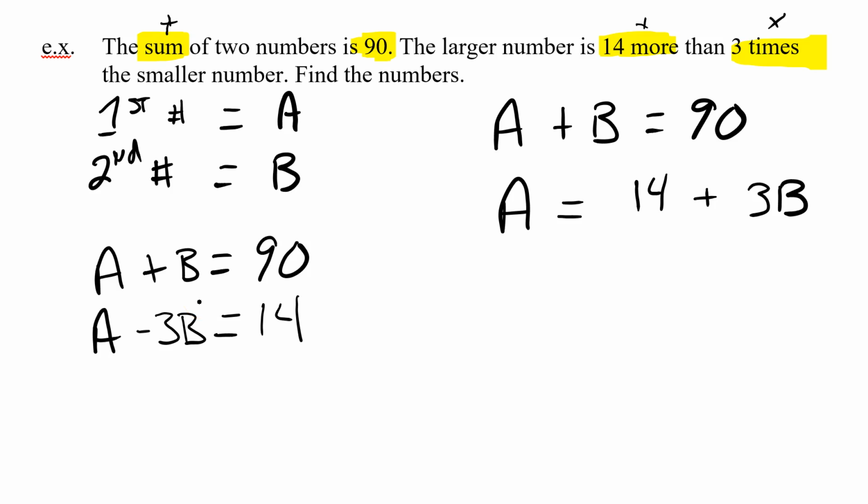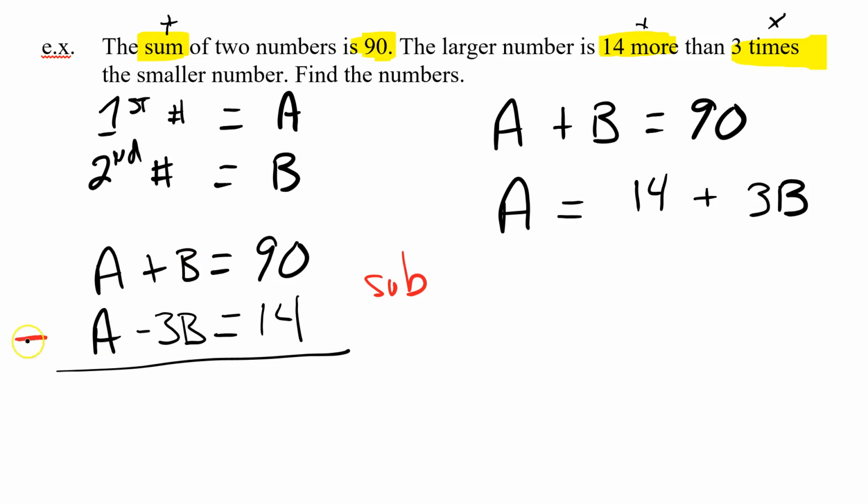Which one do I want to eliminate, the A's or the B's? Well, the A's have the same coefficient of 1, so let's do that. If I eliminate my A's, do I have to add them or do I have to subtract them? Well, I have to do the subtraction because they're the same sign. So I will subtract these guys. A minus A disappears, so I don't have to even write it down.